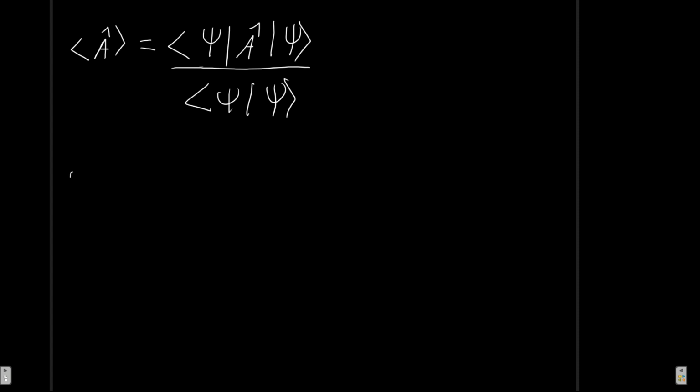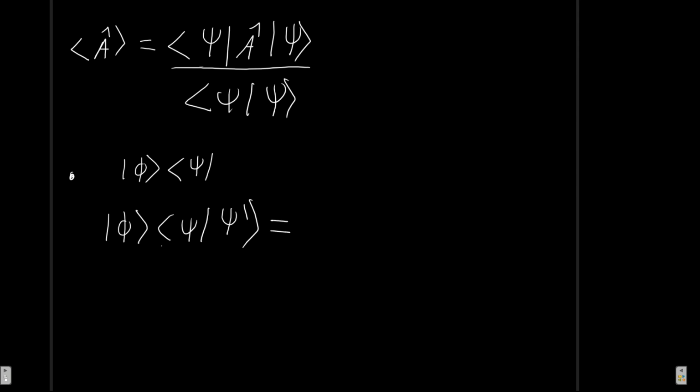Okay, another thing that's interesting to note is that the quantity ket phi bra psi is actually a linear operator. It's just in Dirac notation. And just to show it briefly, let's have this act on some ket psi prime, for example.